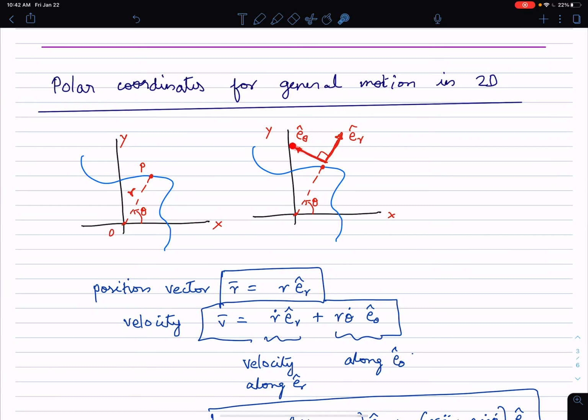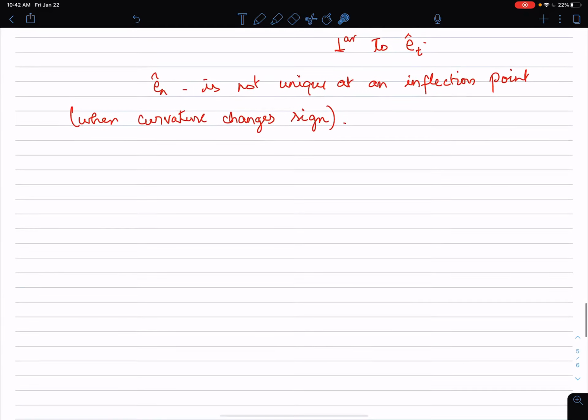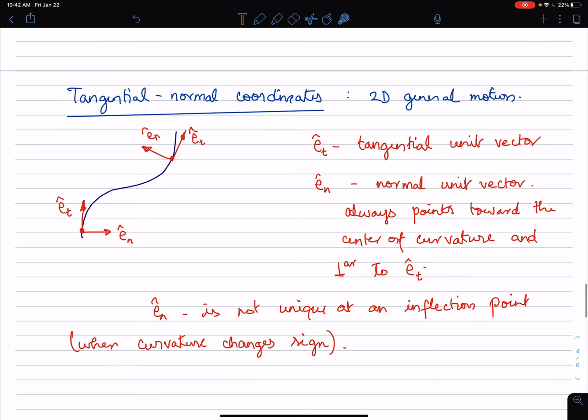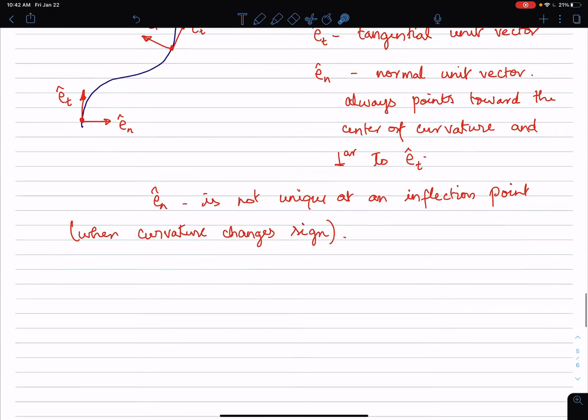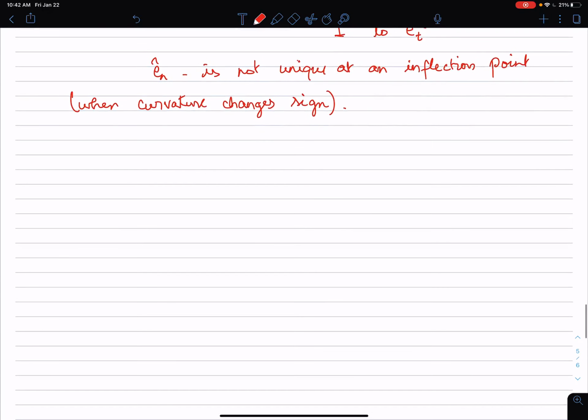And E_r and E_theta are defined based on the point where you are and then the origin, okay? Here, E_t and E_n are defined based on the current tangent, the current direction in which you're moving, and also the current curvature, because that determines E_n, okay? So let's write that down.